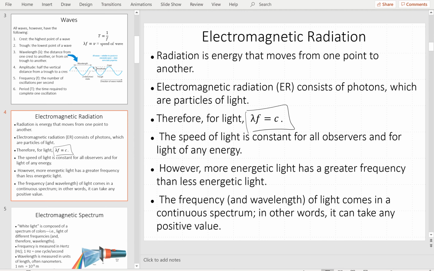So if we have a wave of light which has a very large wavelength, therefore we have a very large lambda being multiplied by some number which represents the frequency, equaling a constant. As lambda increases, so it's a larger and larger number, f must decrease.